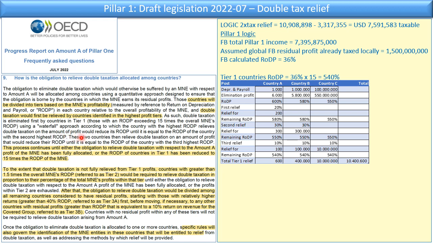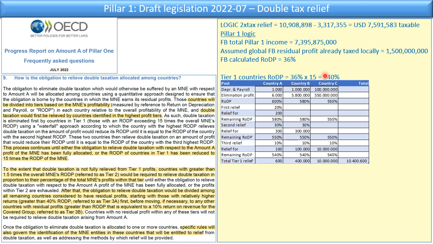And then you go on, these two countries then relieve a double tax on the amount of RODP until they are equal to the third country, etc., etc. This process continues until either the obligation to relieve double taxation with respect to amount A has been fully allocated, or RODP of countries in Tier 1 has been reduced to 15%. So you need to be 1,500% of 36%. So if you take 36% times 1,500%, or 15, you get 540%.